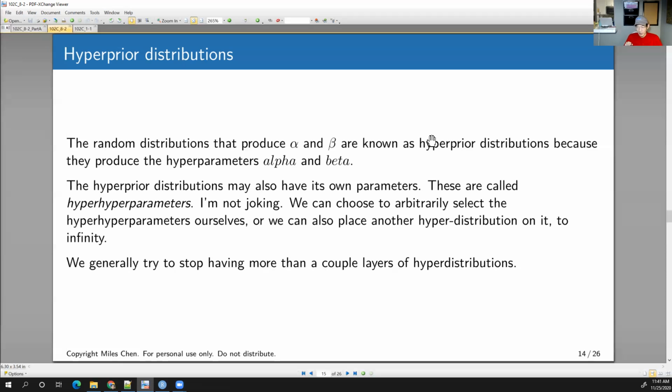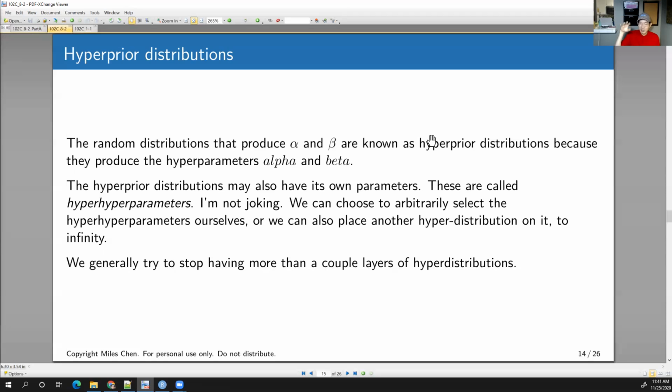Okay, now if alpha and beta come from a hyperprior distribution, this hyperprior distribution might have its own parameters, and no joke, those would be called hyperparameters, okay? And we can choose the values for those hyperparameters ourselves.